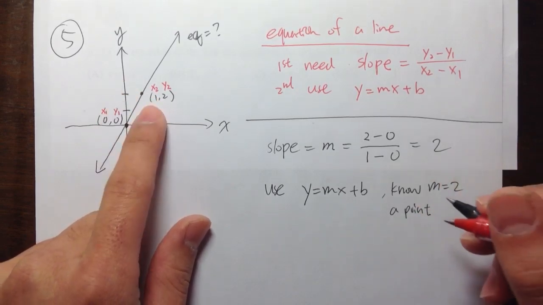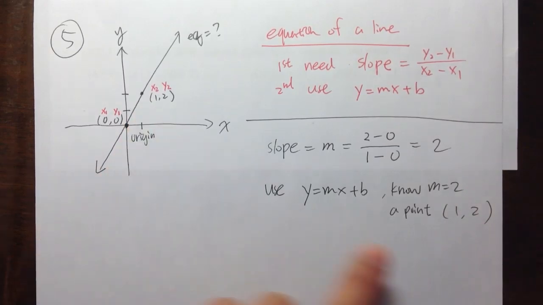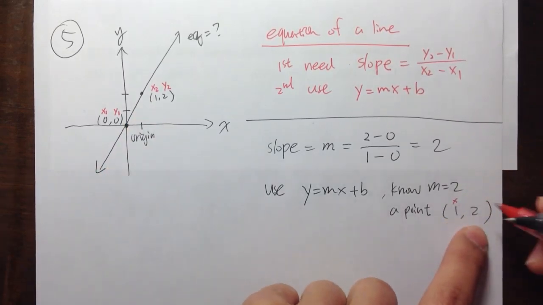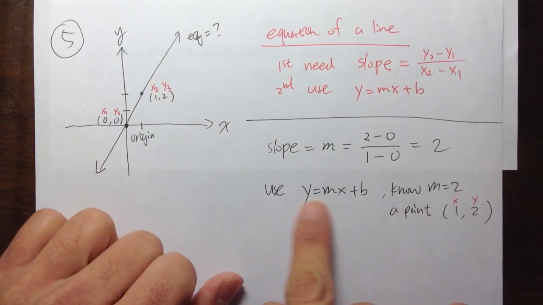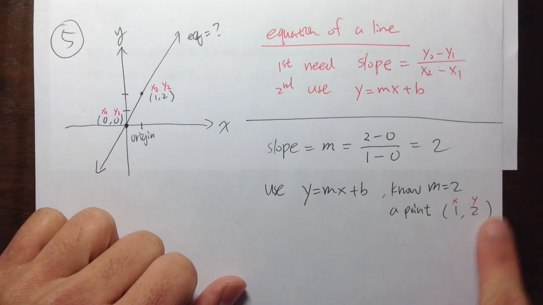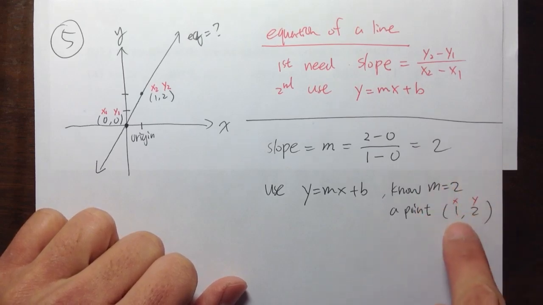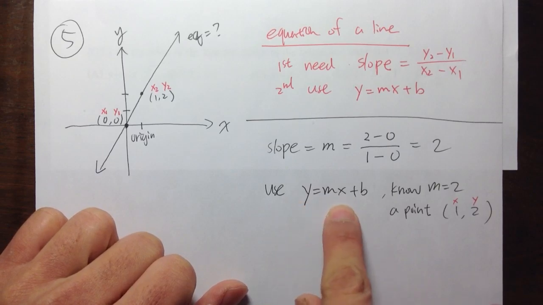Point (1, 2): the 1 is the x value, the 2 is the y value. So when I say let's use y = mx + b, we're just going to plug in these 3 things, the 2 and the 1 and then the 2, into the m, x, and y. Then we can solve for b.